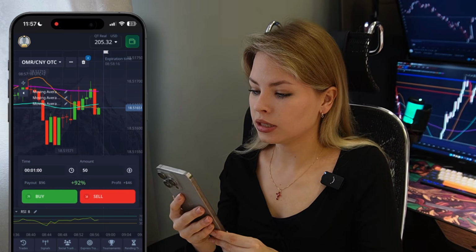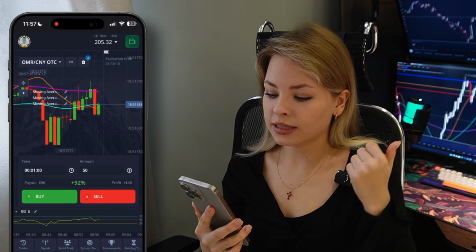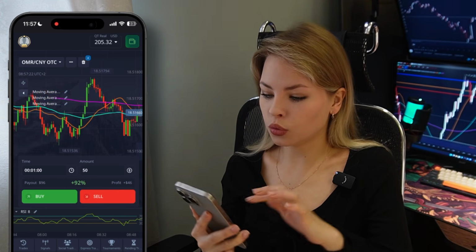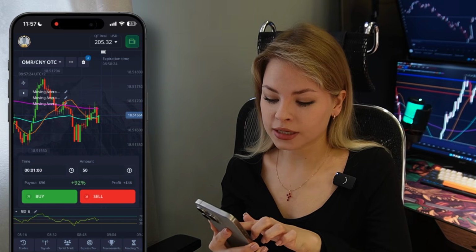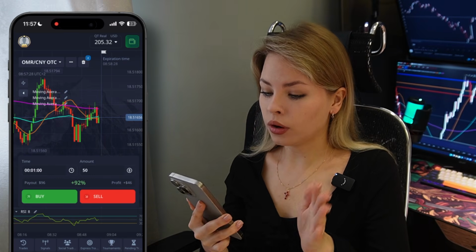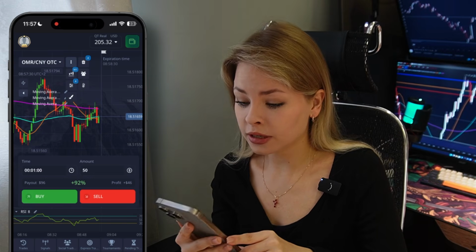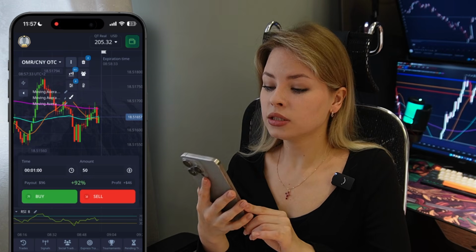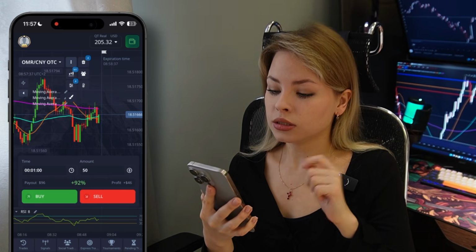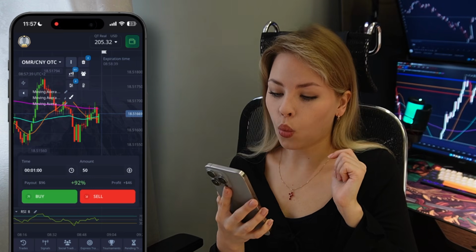You can see that here are the same balance, the same indicators, the same buttons, the same fields. So the interface is quite familiar, comfortable and user-friendly. Let's just see what we have here. If you click on the three dots, there will be time frames for your candles. I've chosen 1 minute.